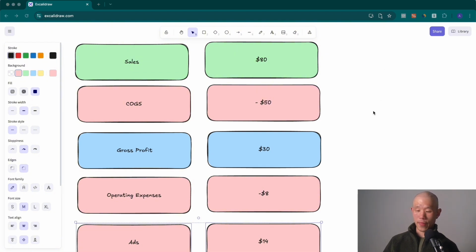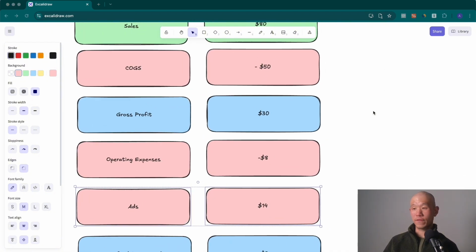Which, if we do the math on that, 80 over 14, is a 5.7 return on ad spend that you're going to need to hit in order to hit your profit goals. Which in 2025, unless you have a very strong organic presence and a very warm source of organic traffic that's ready to buy your stuff, is going to be pretty challenging to make work.